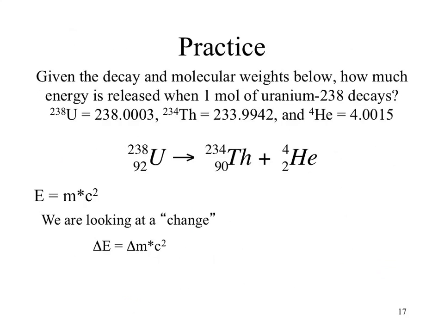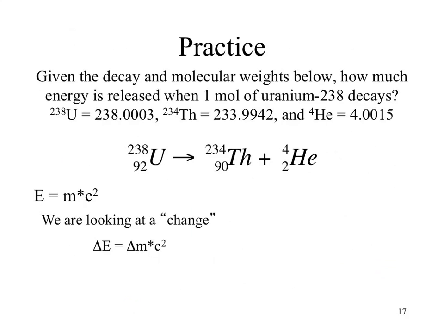How do we calculate any change? What's that? Final minus initial. So we need to figure out what our final mass was, subtract our initial mass to determine the change in mass. The units that were given there, those are 238 AMUs.